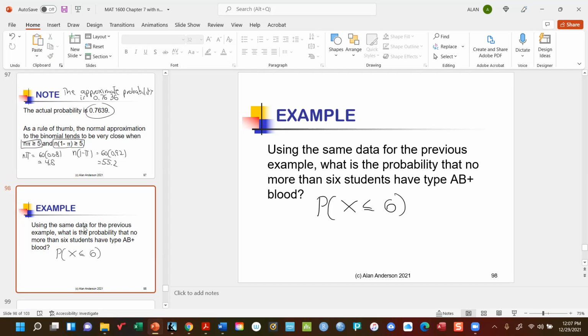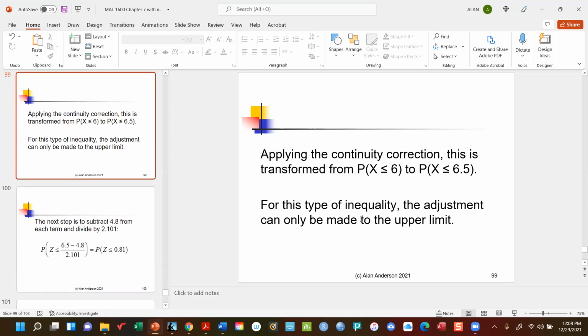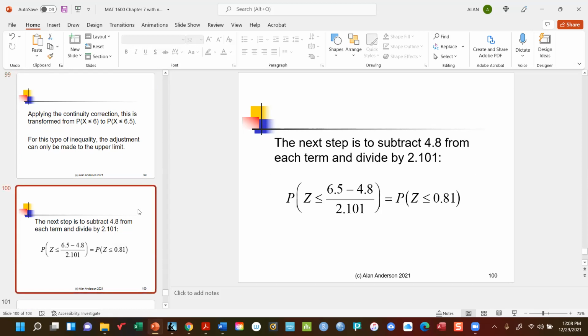So the only thing that's different is that we only have to use one adjustment. In other words, the continuity correction only applies to the upper limit in this case. So that less than or equal to 6 becomes less than or equal to 6.5. And we don't have to worry about the lower limit. And so the rest of the steps are exactly the same. So we're looking for the probability that X is less than or equal to 6.5.